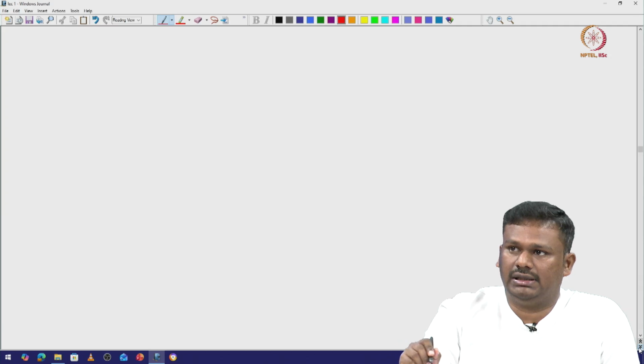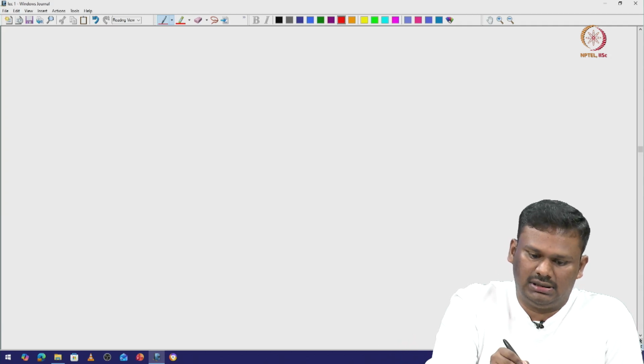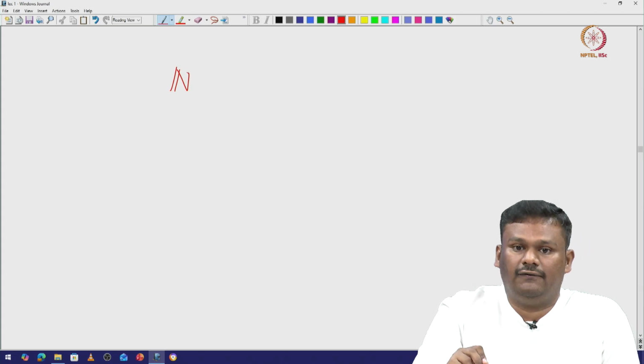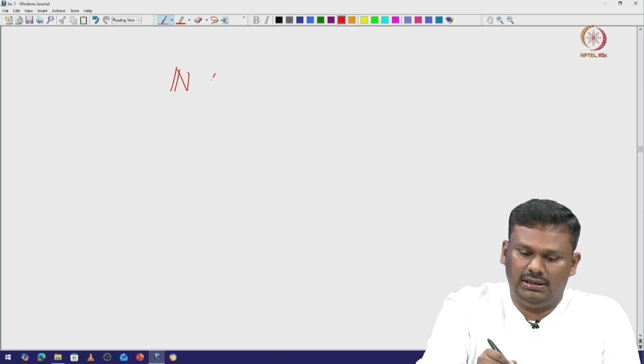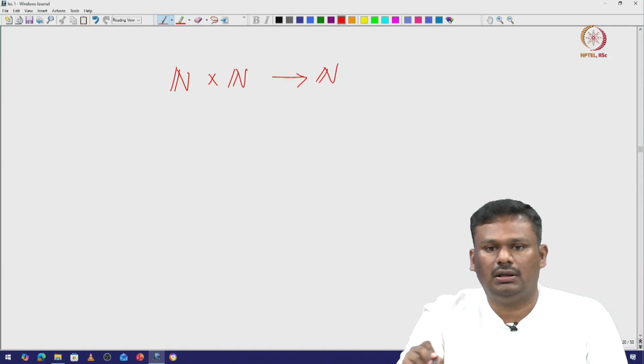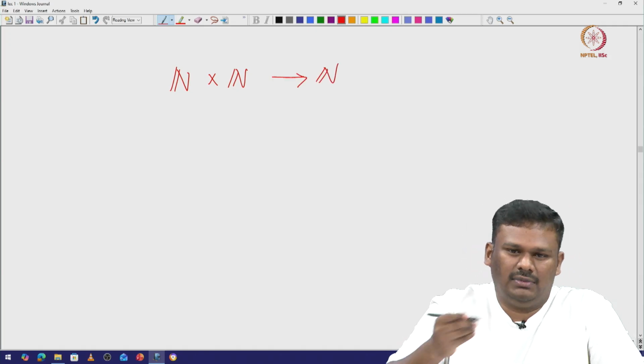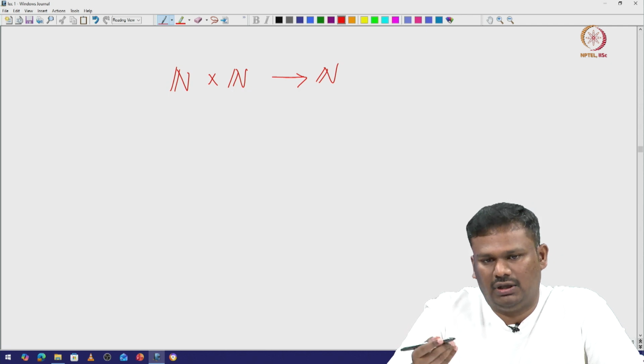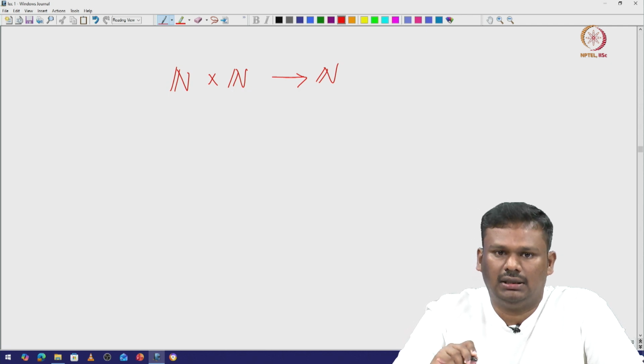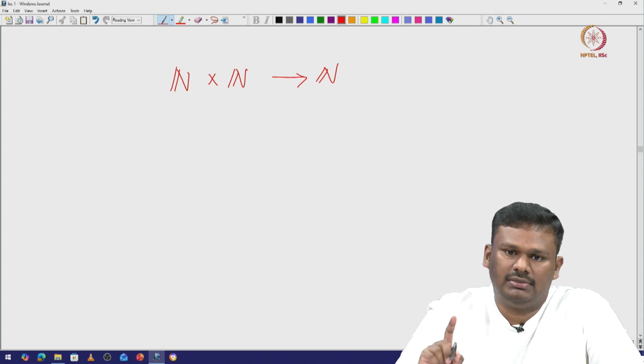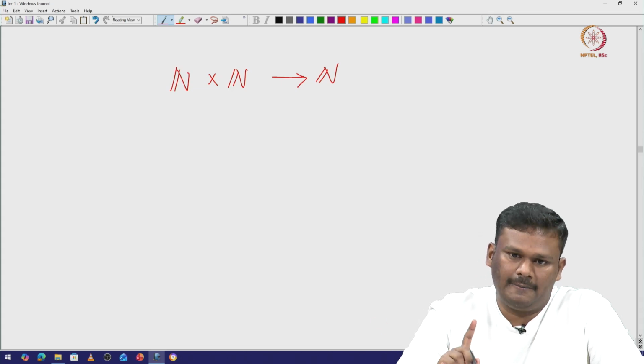For example, let us take something like this. I want to define a function from, let us say, n cross n to n. Okay. So, for example, if I am interested in just a function, what I can do? I can pick an element here in n, I can send all the elements of n cross n to n.